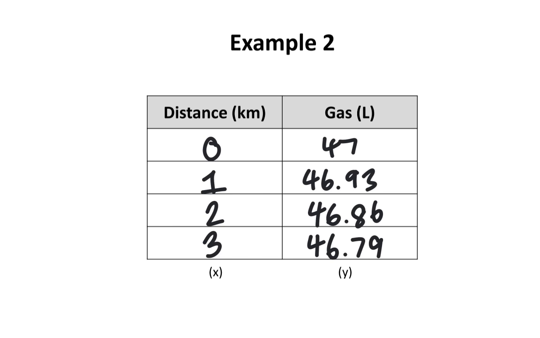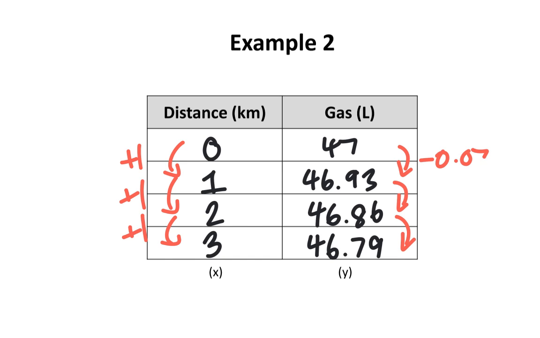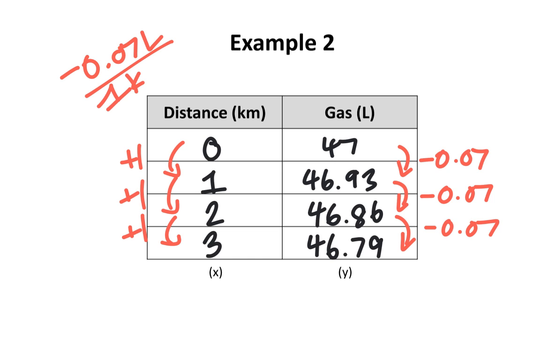At this point, you'll notice a couple of patterns. Your distance is increasing by 1. Meanwhile, your gas is decreasing by 0.07. Therefore, my rate of change is a decrease of 0.07 liters of gas for every 1 kilometer driven.